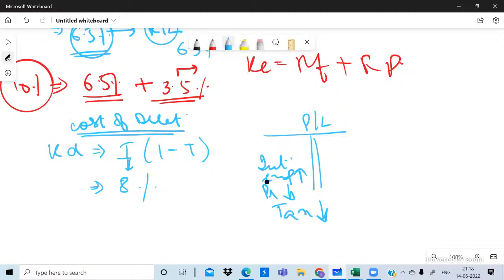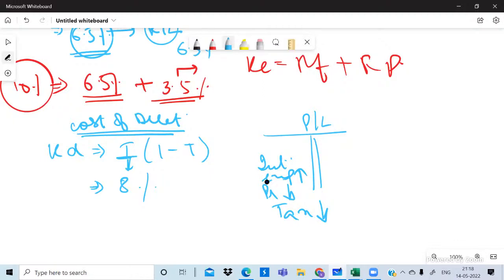So in my income tax returns, I'll have to pay lower tax because I've taken some loan from the bank on which I have to pay interest. So I have to pay 8% to SBI, but because I'll claim that interest as an expense, my effective interest cost will go down because I'll pay less tax to the government.